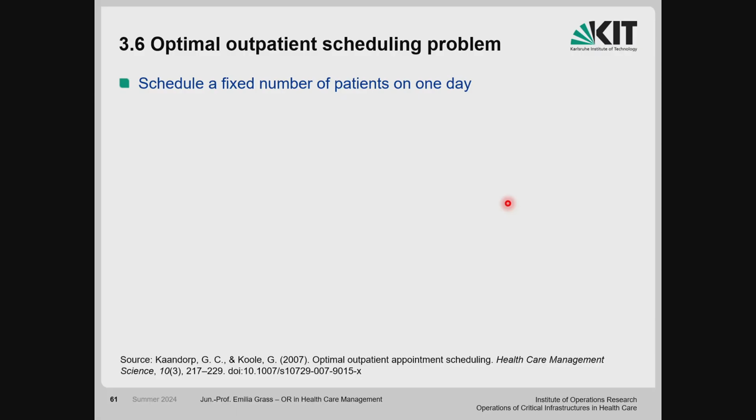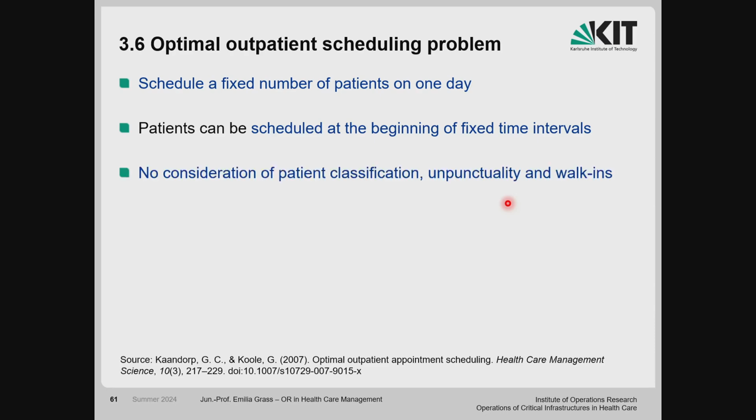Okay, here we start with the actual optimization model, and we want to schedule a fixed number of patients on one day, and a patient can be scheduled at the beginning of fixed time intervals. We have no consideration of patient classification, unpunctuality, or walk-ins, and we assume that the service times are exponentially distributed.